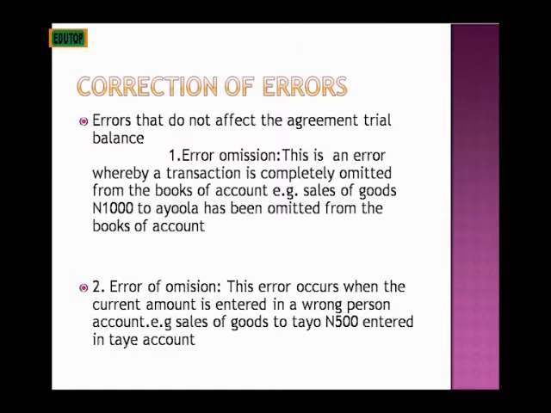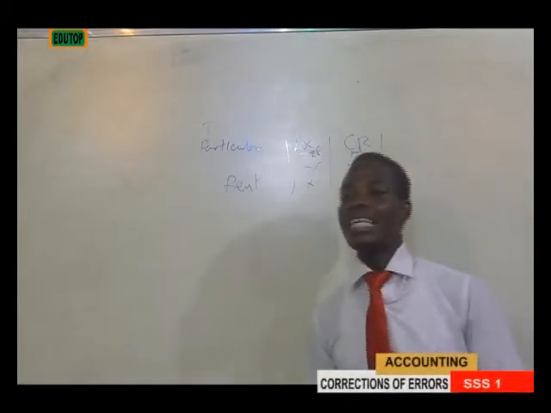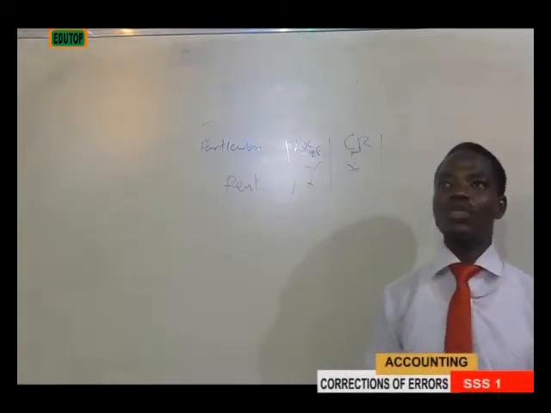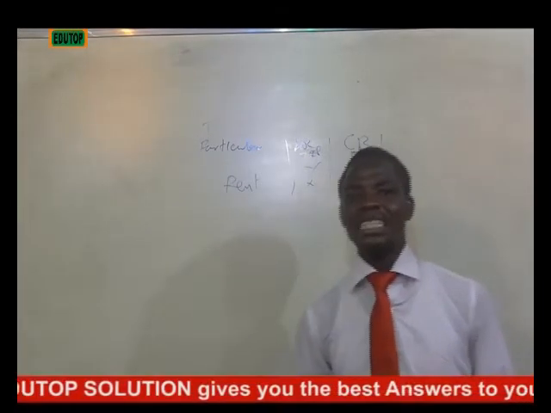This occurs when an item has been omitted, like maybe the rent account. It has been omitted, it has not been debited at all. That one does not affect the trial balance. But what do we use to change those errors and rectify them at the end of the day? That brings us to what we call the general journal.